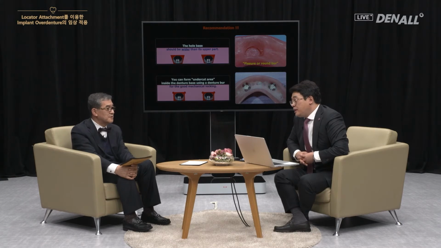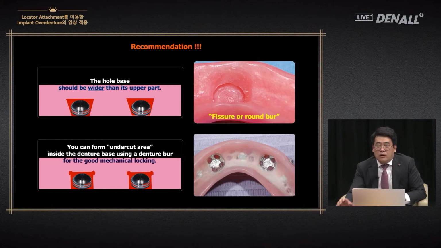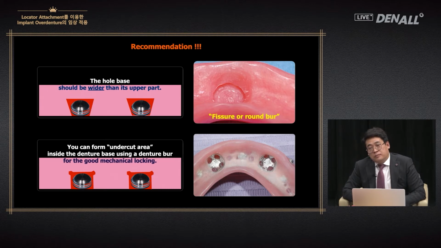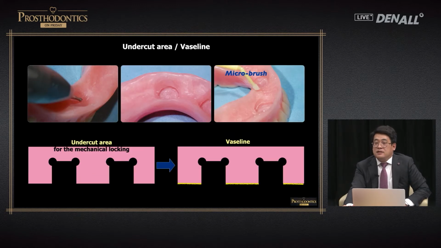As I mentioned earlier, when you design the metal framework, if the metal framework covers the processing cap, then you cannot get the chemical binding, and it is very difficult to adjust the metal framework. Therefore, you should do it in a crisscross way and create undercut.